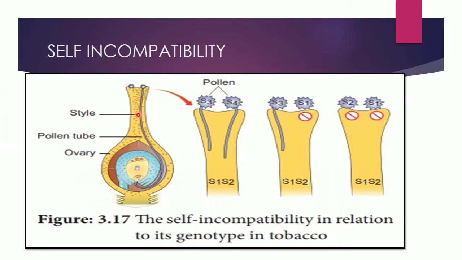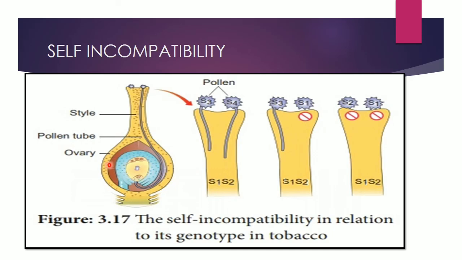Now the next one, self-incompatibility. Self-incompatibility means the pollen will not germinate on genetically similar individuals. It is something related to a genetic mechanism. Due to the genetic mechanism, the germination of pollen grain on the stigma of the same flower is inhibited. So if it is of the same genetic makeup, then it will not germinate. When the pollen grains are falling on the stigma of the same flower, it will not support germination.